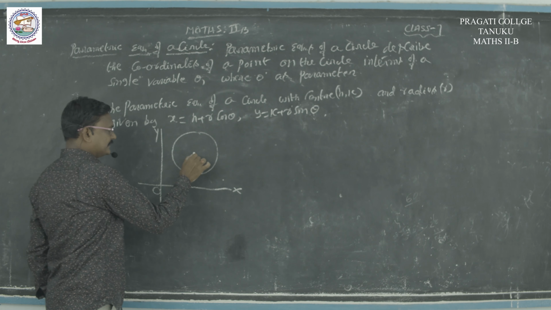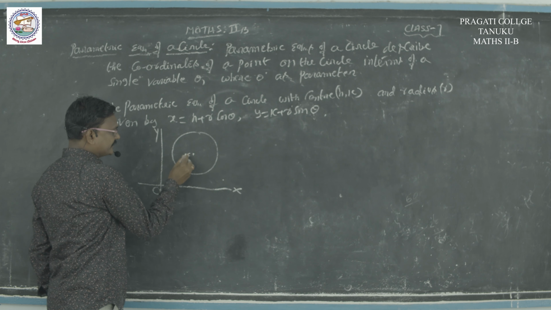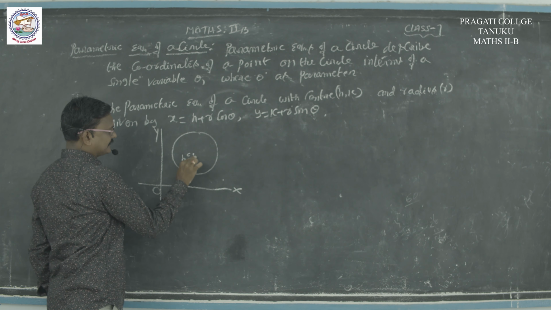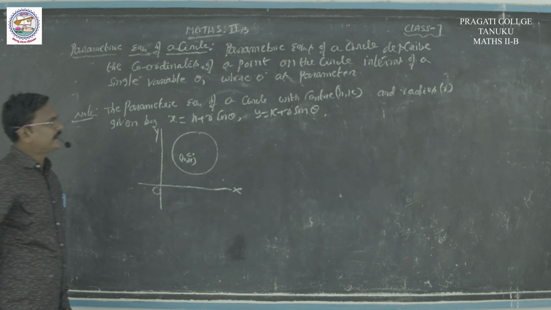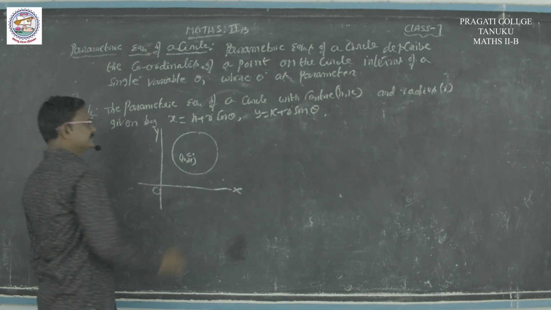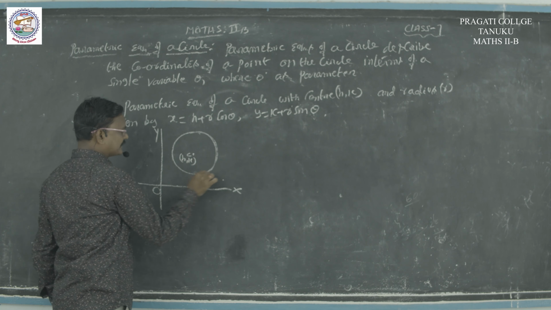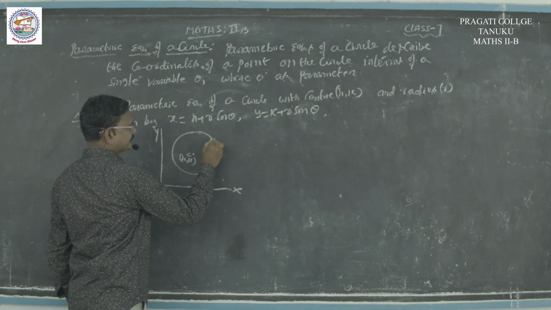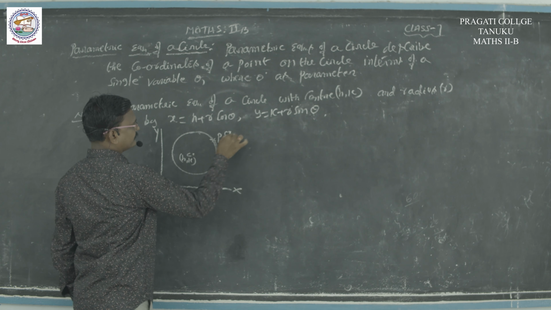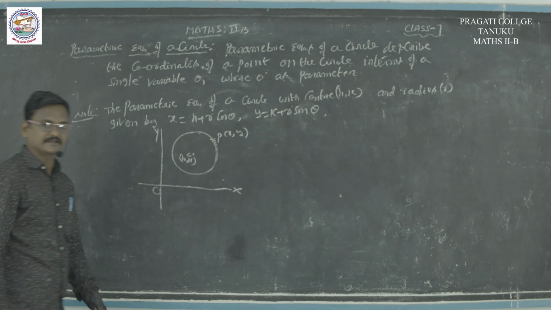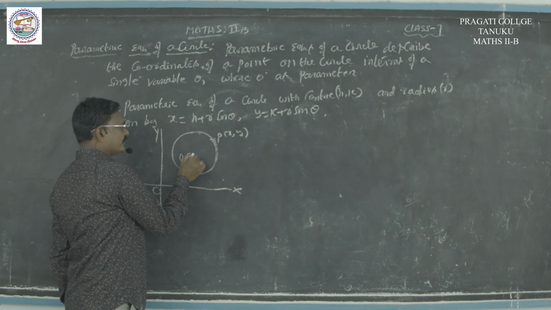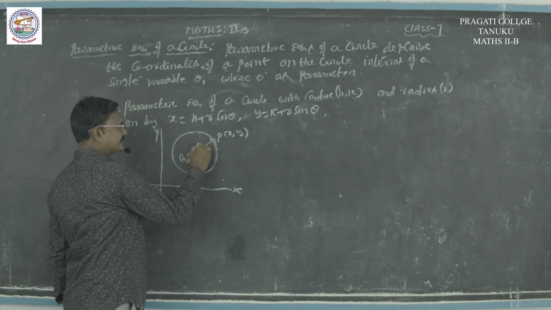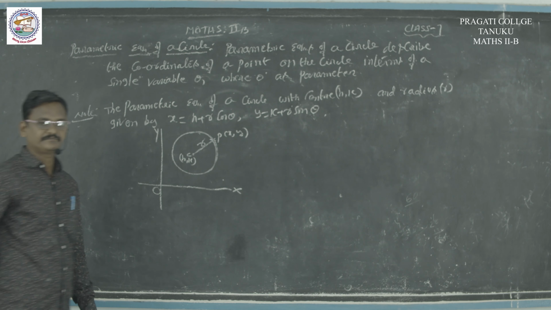For this circle, center C h comma k is given and radius is r. Just take anywhere one point on the circle. Let P x comma y be any point on the circle. And joining CP, this is called the radius, we can denote it by small r.